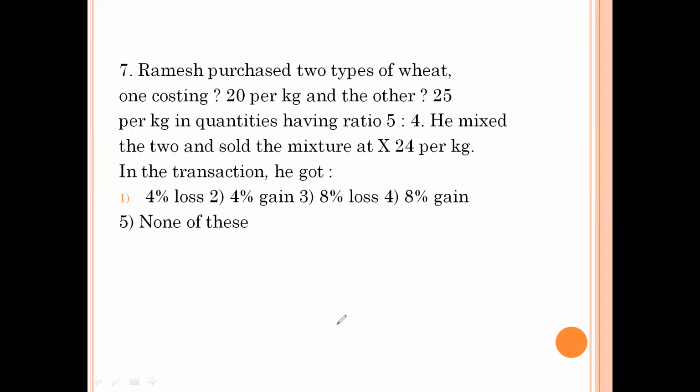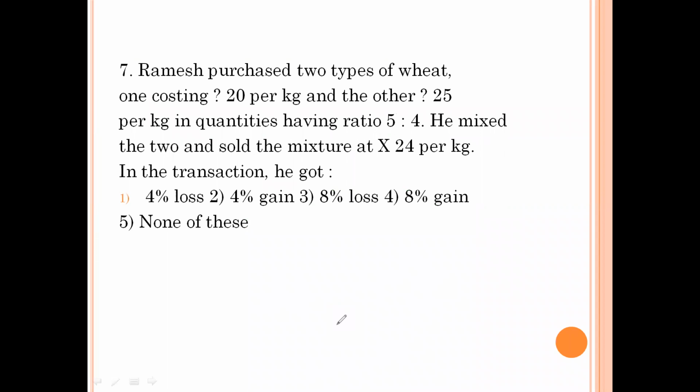Next, Ramesh purchased 2 types of wheat, one costing 20 rupees per kilo and the other 25 rupees per kilo, in quantities having the ratio 5:4. He mixed the two and sold the mixture at 24 rupees per kilo.